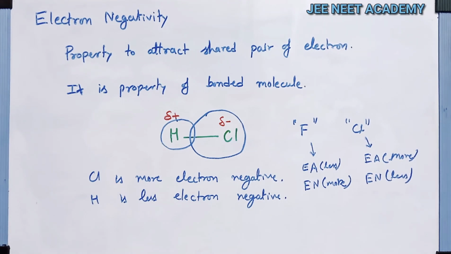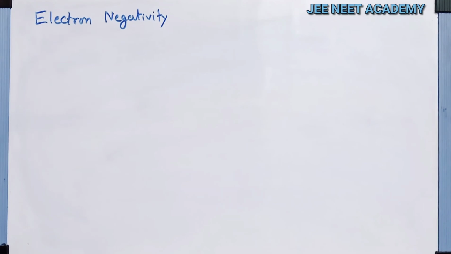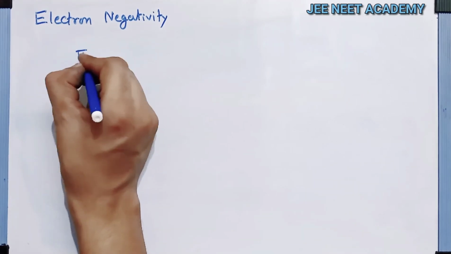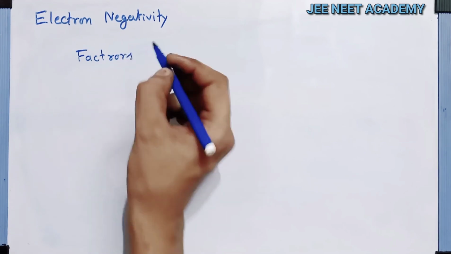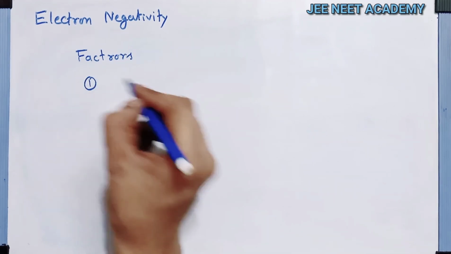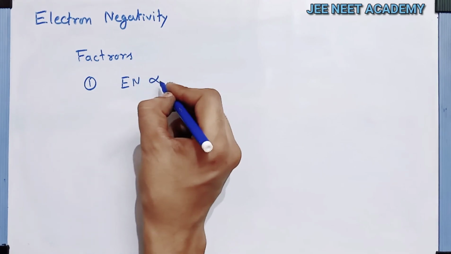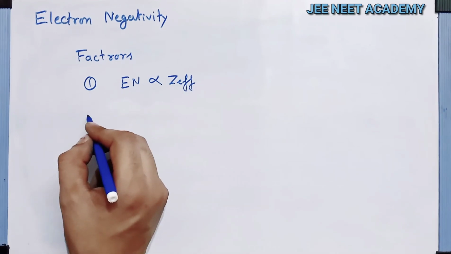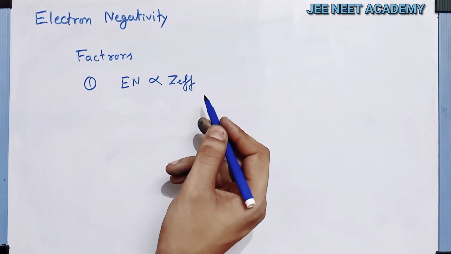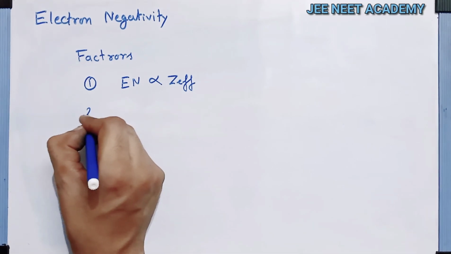Now the factors affecting electronegativity. First, electronegativity is directly proportional to Z effective, because Z effective is responsible for the attraction of electrons towards the nucleus.